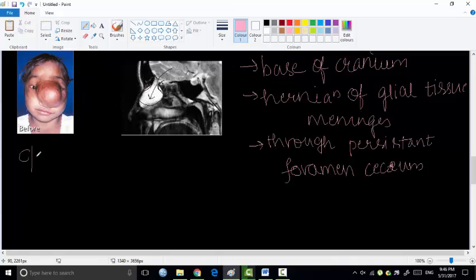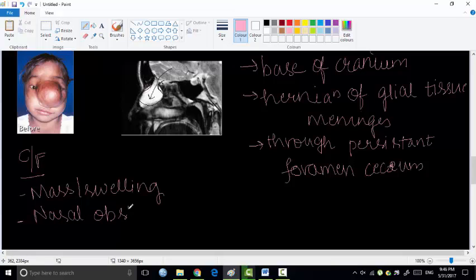So clinical features include a mass or swelling like this, or there may be nasal obstruction. If the mass is very small, then the patient may present first with nasal obstruction, right? This meningocele is of 4 types basically.